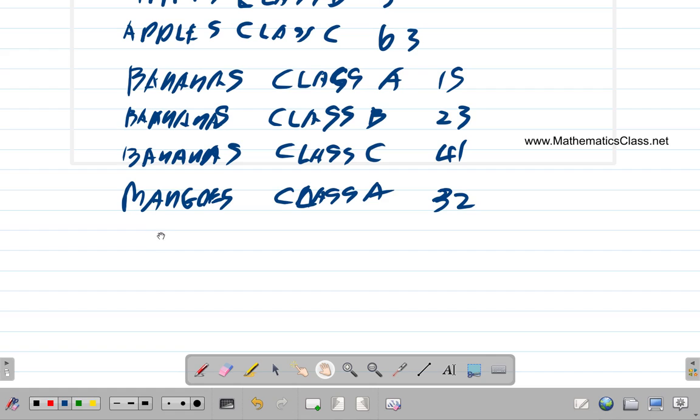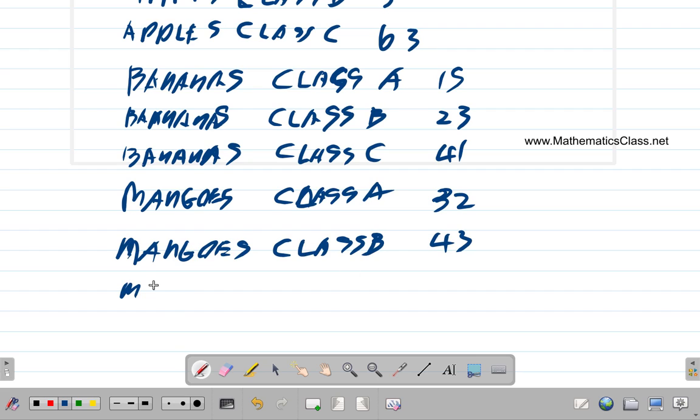Mangoes are in season. Very much in season. Now, you also have mangoes, class B, and you have 43 of them, and mangoes class C, and they are 58.